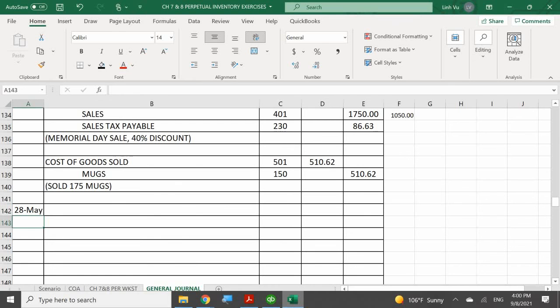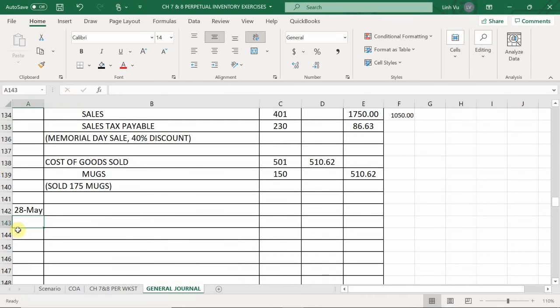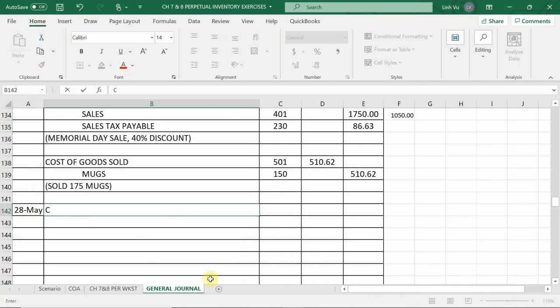Checking and then sales. Yes, because in this case, all credit card transactions are going to go straight to checking. Yes, you're going to have sales, but what else are you going to also include?